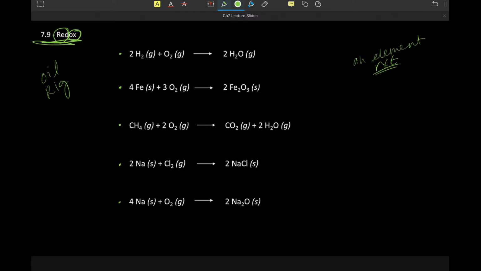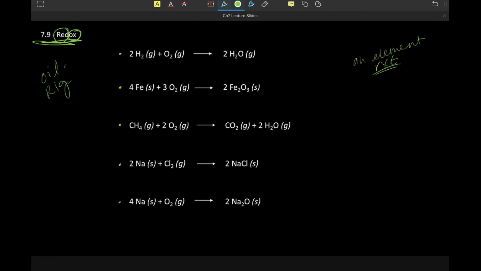When it combines with something else, the odds are that sharing is no longer equal, which means that something has more access to those electrons and something has less access, which is the give and take, the loss or gain of electrons. So we should recognize that all these qualify as redox because there is an element as a reactant.